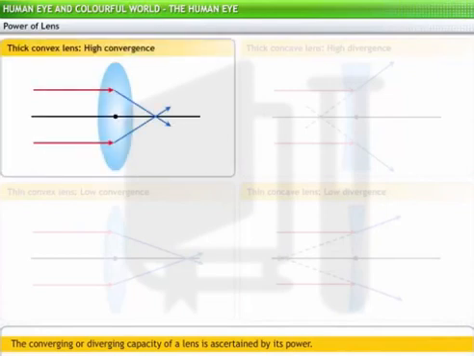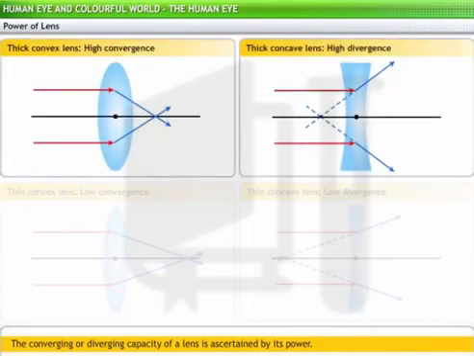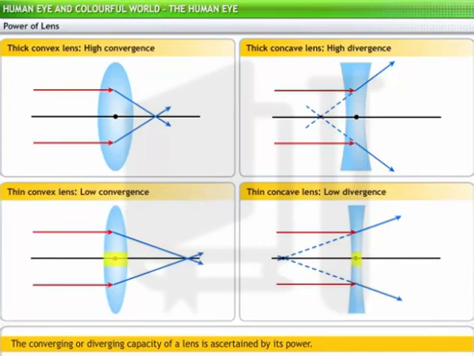For a higher converging or diverging capacity, we need lenses of a greater thickness, and hence a smaller focal length. Similarly, a thin convex lens has a larger focal length, and hence its convergence is lower. Thus, the converging capacity of a convex lens and its focal length are inversely related.